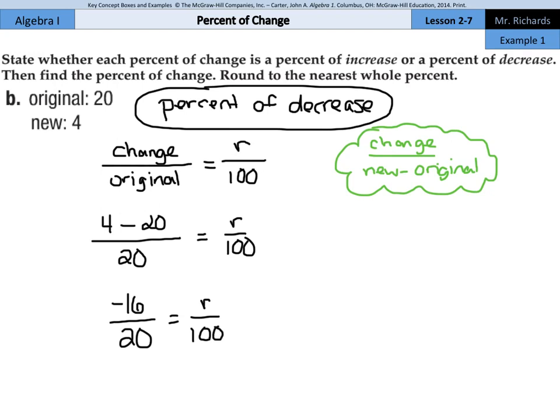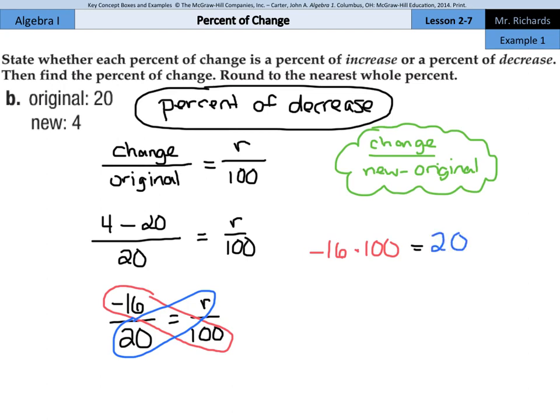And so now as I cross multiply here, we'll have negative 16 times 100 being equal to 20 times R. Well, negative 16 times 100 is negative 1,600 equals 20R.